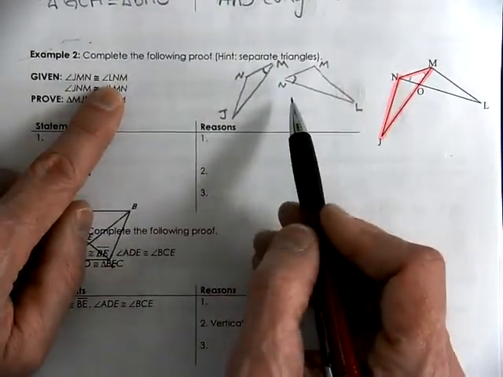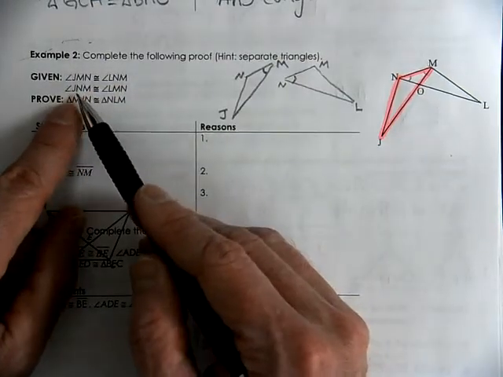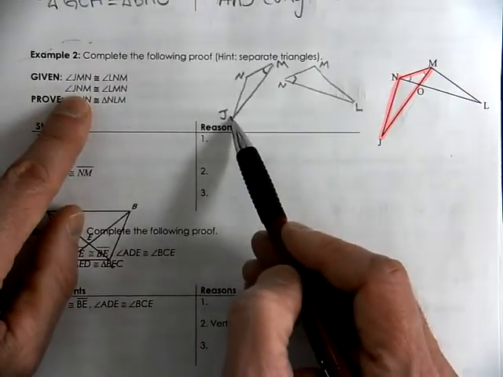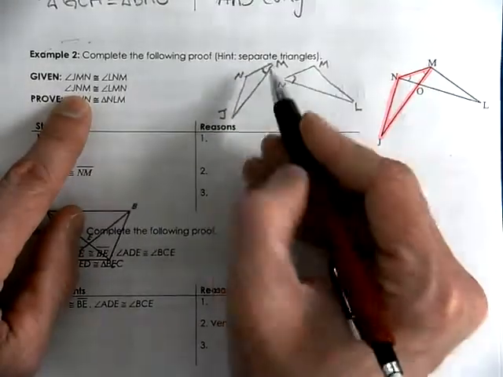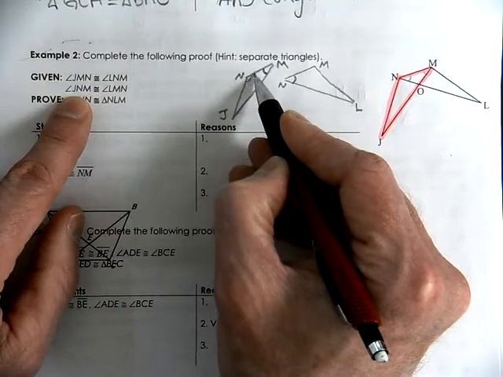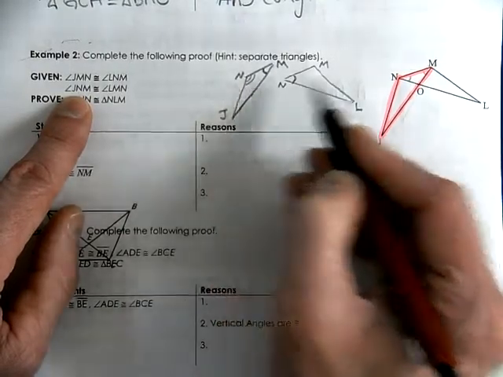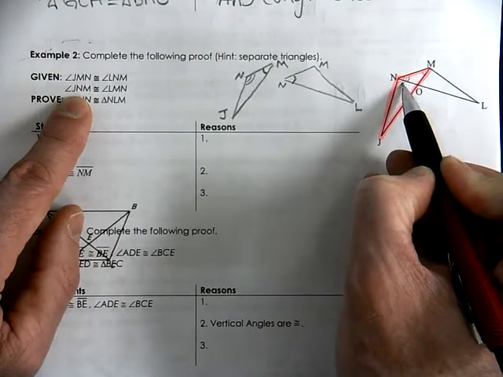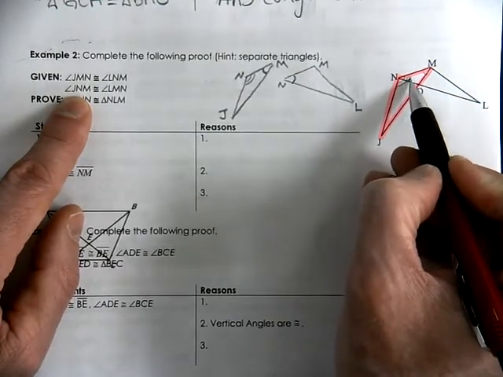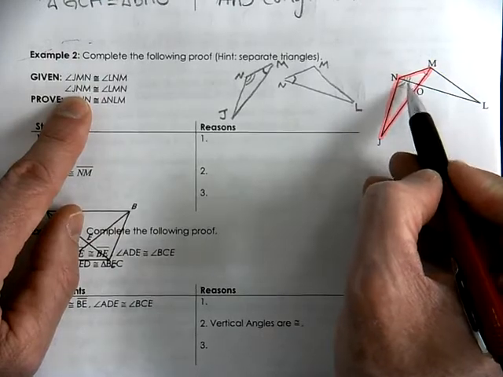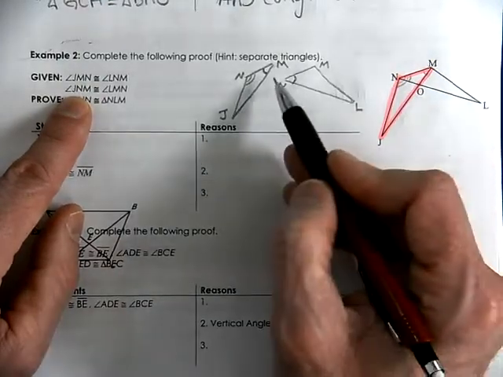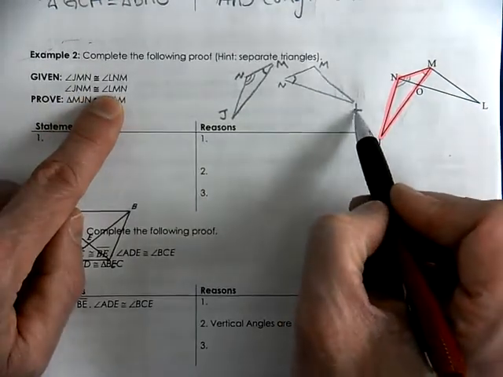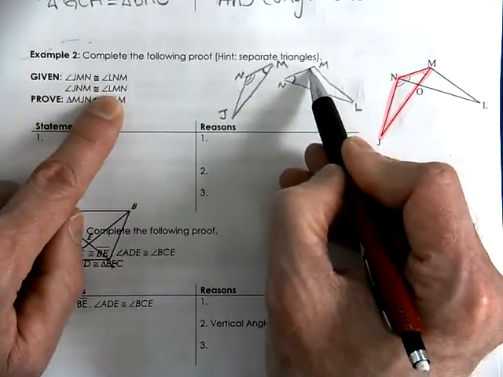Here it's pretty straightforward. The other angle we're looking at is JNM, from J to N to M. That would be this entire angle. So there's even more confusion. Now we have these two figures overlapping. It's hard to tell which angle is which angle. So drawing the picture separately can really help you. And that's going to be congruent to LMN.